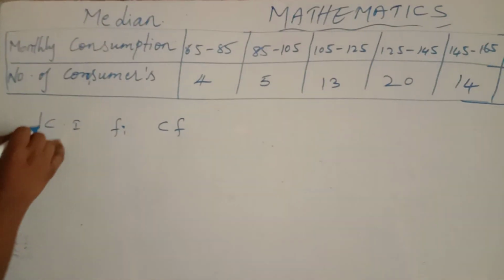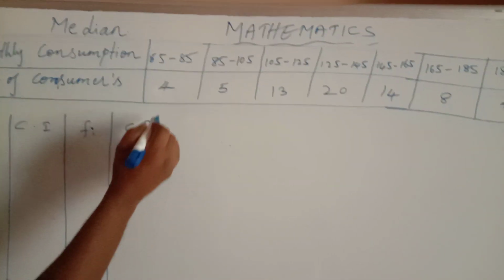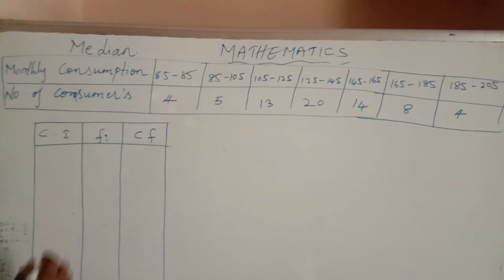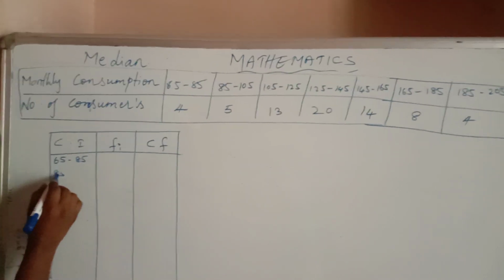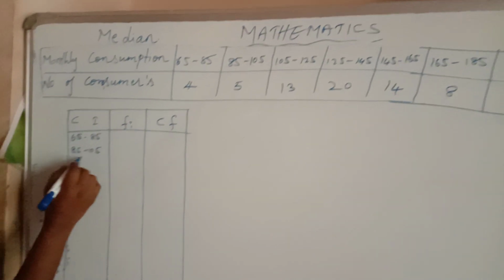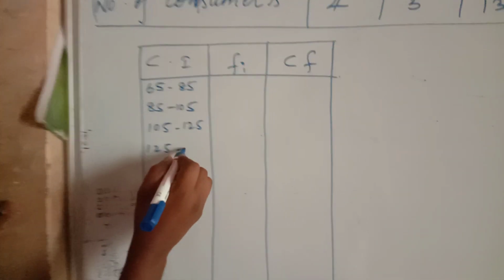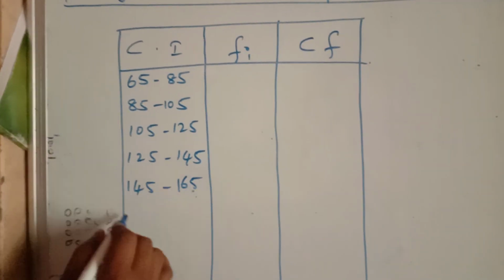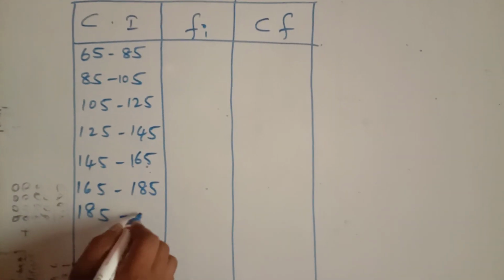The class intervals are 65 to 85, 85 to 105, 105 to 125, 125 to 145, 145 to 165, 165 to 185, 185 to 205.